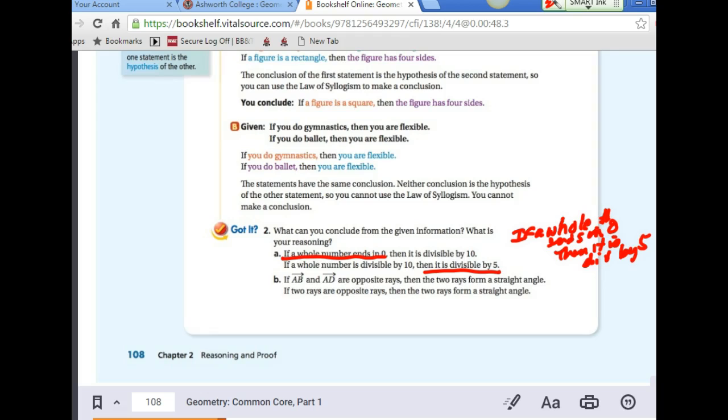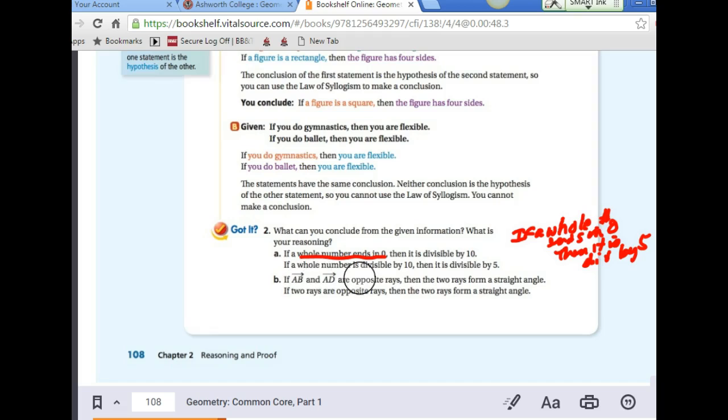Okay? The second one, if rays AB and AD are opposite rays, then the two rays form a straight angle. If two rays are opposite rays, then the two rays form a straight angle.